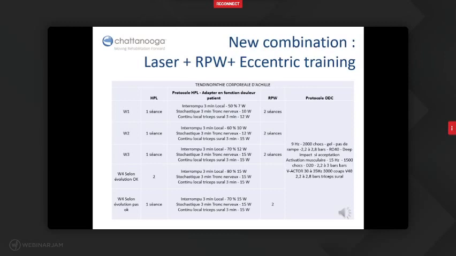In this case, we will use the new combination: laser and shockwave and eccentric training.